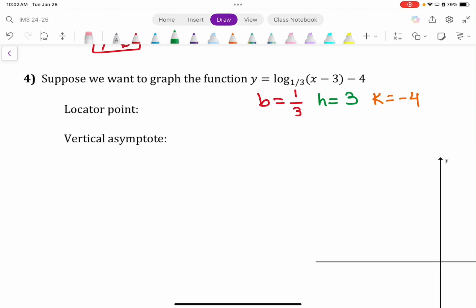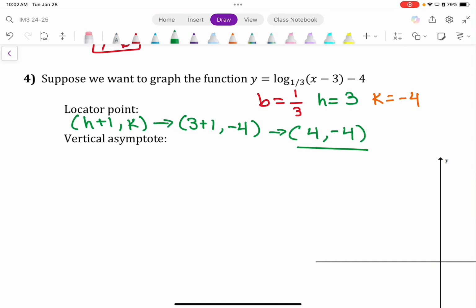Given that the locator point is h plus 1 comma k, then that would give me 3 plus 1 comma -4, which will become 4 comma -4. So that's my locator point, 4 comma -4.